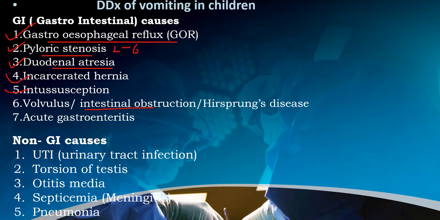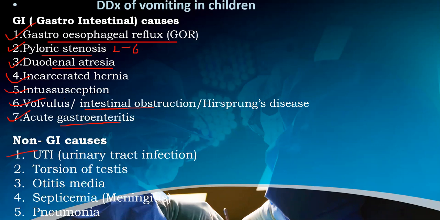Intestinal obstruction, you ask the bowel habit and when was the last time he passed stool. Gastroenteritis, you ask about diarrhea, vomiting, and fever. For non-GI causes, you rule out UTI by asking waterworks: any change in color or smell of the urine, does he cry while passing urine?